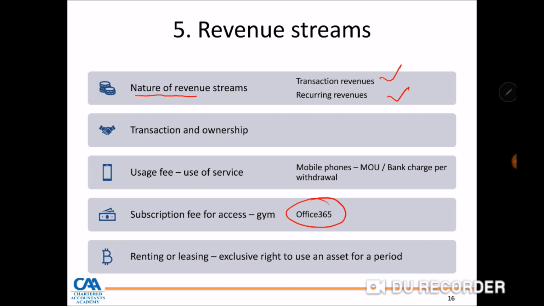So whenever you're analyzing a business, ask yourself, how exactly are they earning their money? And what is the nature of their revenue streams? And I know from a financial reporting perspective, you can already start to think about maybe your IFRS 15. From a taxation perspective, you're already thinking about gross income, and when we incurred or earned the income.